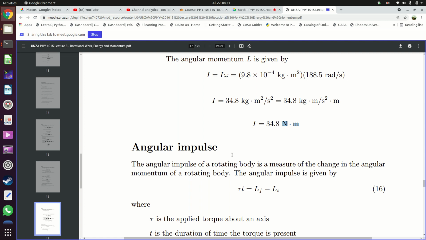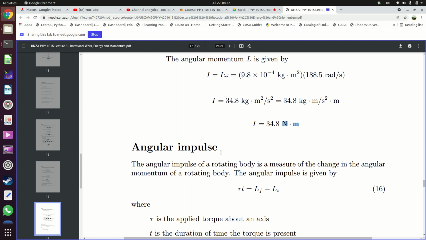The same way, if you recall, we had impulse. When you're looking at linear momentum, we expressed Newton's second law of motion in terms of linear momentum to have F equal to the change in linear momentum, delta P, divided by the time. So we came up with a physical quantity called impulse. Impulse, which is the change in linear momentum, was defined as the force multiplied by the time.